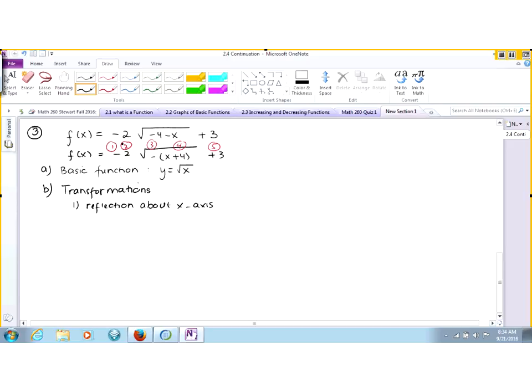X-axis. So the first one is about x-axis. You're right. What makes a vertical compression? So instead of 2, I'm going to put half. That's a vertical compression. Does that make sense? So not 2, but half, or something that is between 0 and 1.